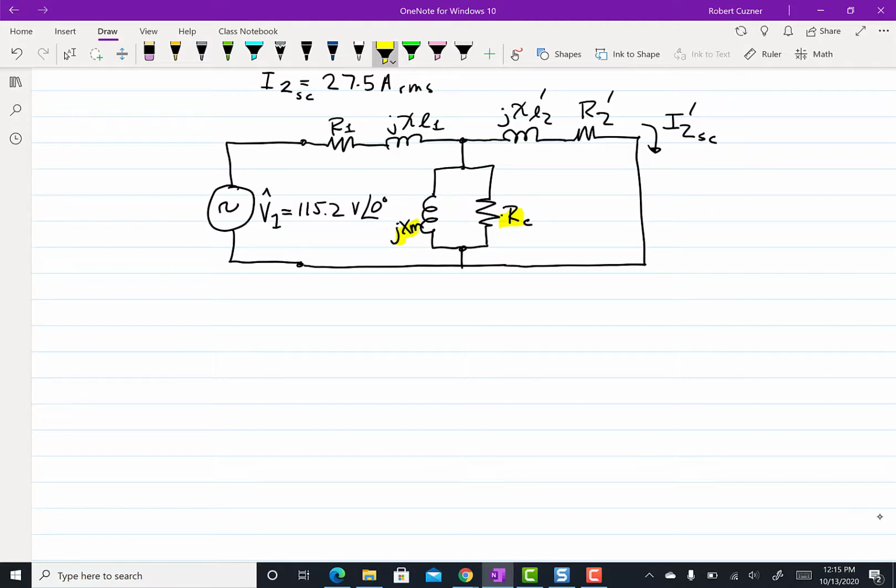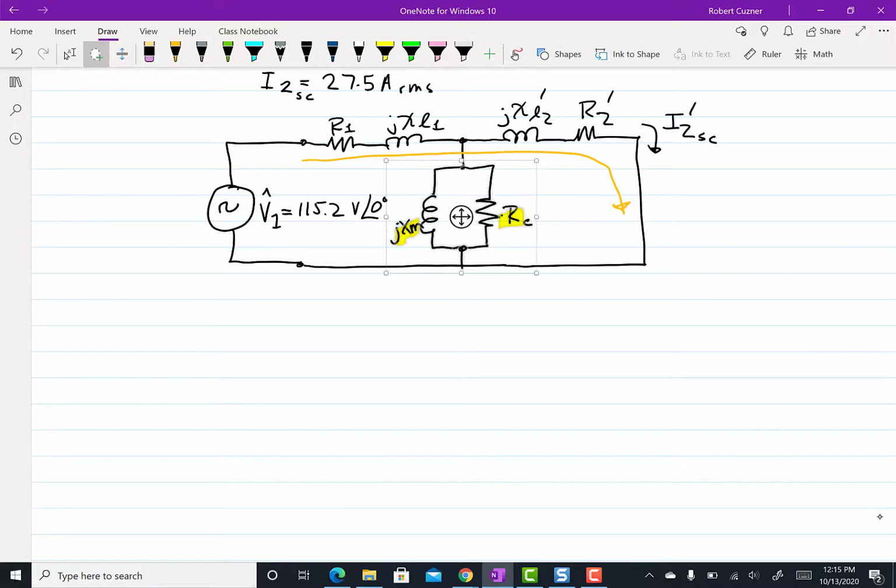Now what's interesting here, because we're operating under a short circuit condition, the current into the short circuit is going to want to flow in the path of least resistance. So it's generally not going to want to go down through this magnetizing branch.